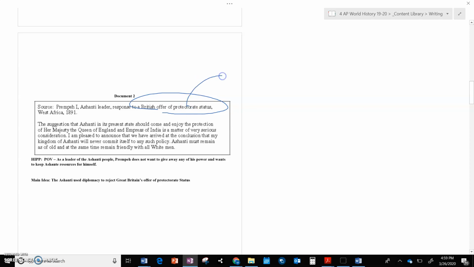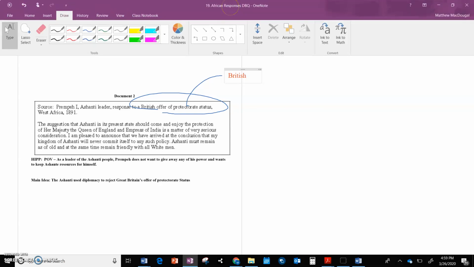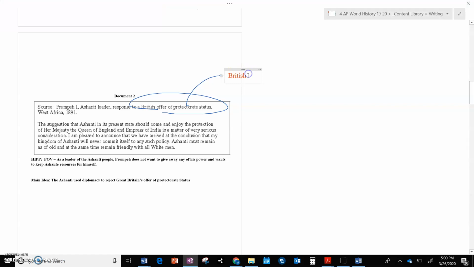Now, very similar to document 1, here we have the British. And this time, instead of a private trading company, it's the British government asking, hey, do you want to be part of our empire? And in exchange, we will provide you some benefits politically, economically, of being part of our empire. And again, really, it's just a way to get in and start controlling them from the inside, but doing it in a diplomatic way.